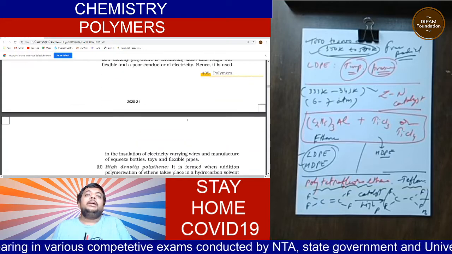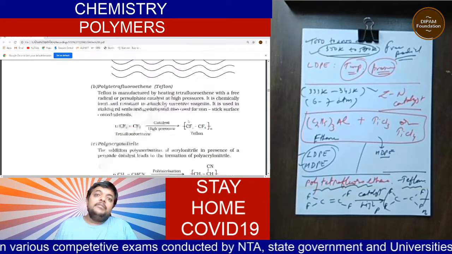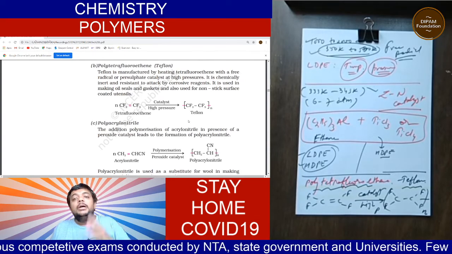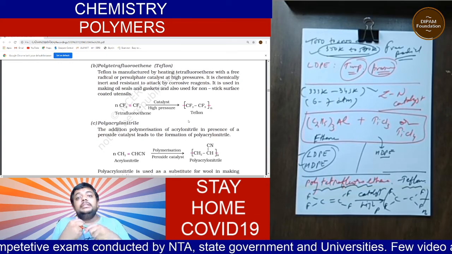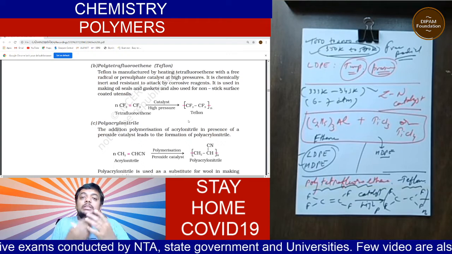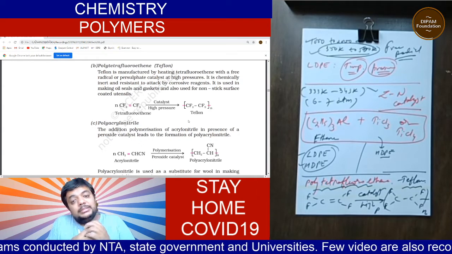But when you go for HDPE, you shift to Ziegler-Natta catalyst, and when you go for Teflon, you are coming towards the third one, that is the persulfate catalyst. It is chemically inert and resistant to attack by corrosive reagents. It is used in making oil seals, gaskets, and also for non-stick surface coated utensils.